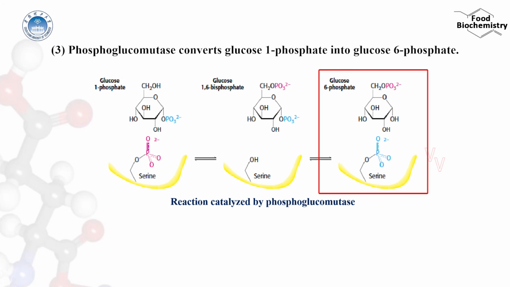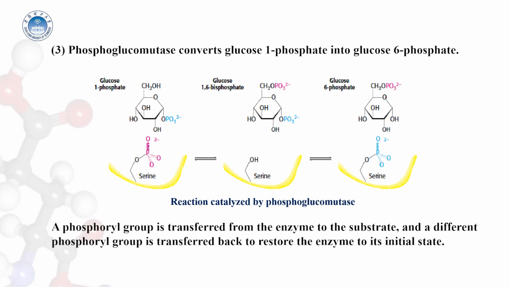The carbon 1 phosphoryl group of this intermediate is then shuttled to the same serine residue, resulting in the formation of glucose 6-phosphate and the regeneration of the phosphoenzyme. A phosphoryl group is transferred from the enzyme to the substrate, and a different phosphoryl group is transferred back to restore the enzyme to its initial state.